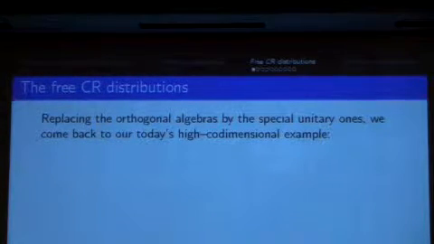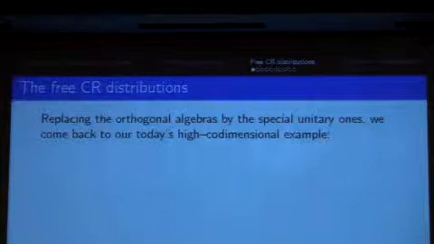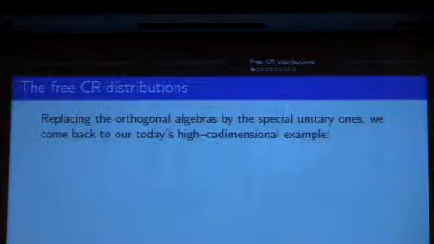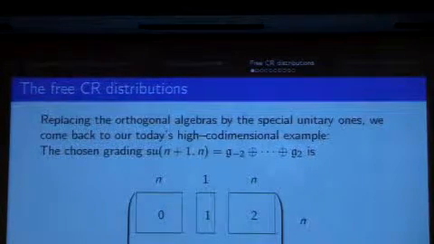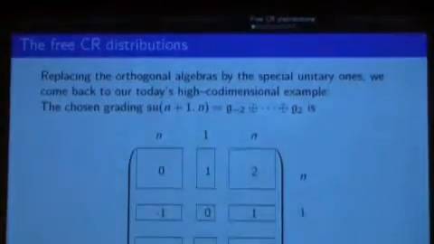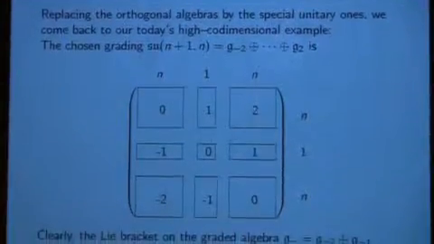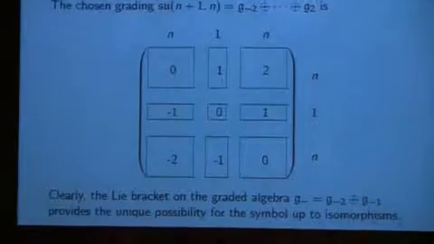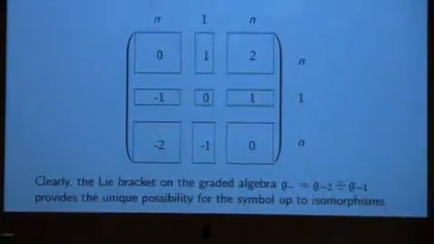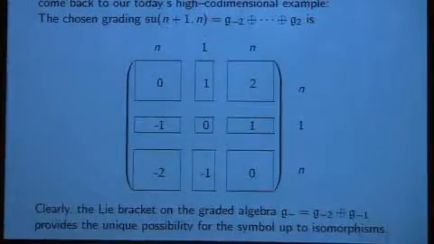That's exactly what's happening on the level of the N-square codimensional CR manifold. So you just pick up your nice group SU(n+1) with this particular grading. It's exactly the same grading as here, except I take another parabolic subalgebra.